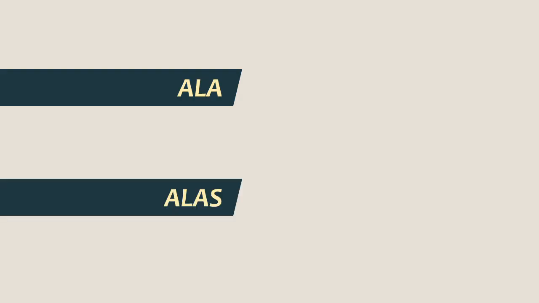We start with ala or alas. Ala is for 1 o'clock, while alas is for the rest, 2 to 12. Okay? And then we add the numbers. The numbers are quite similar to Spanish numbers.